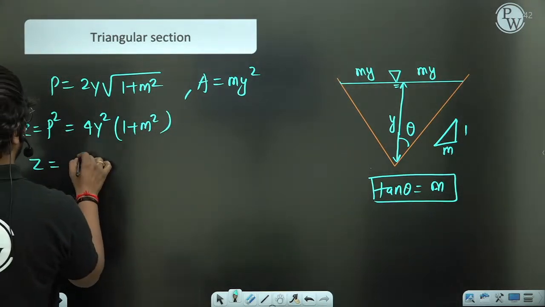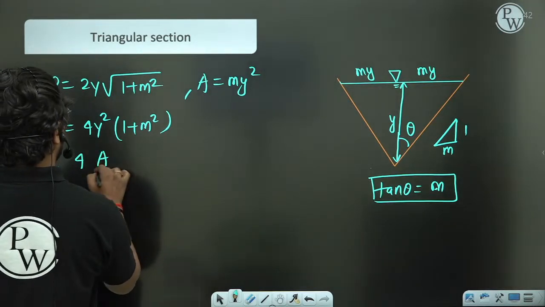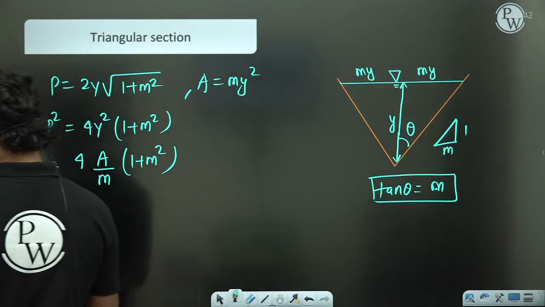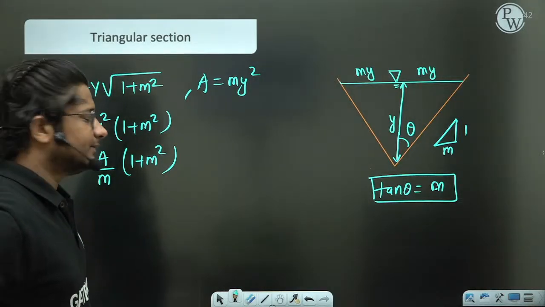In place of y square I can write A by m. So z will be 4A by m into 1 plus m square. Like this I can write. I don't think anybody will have a problem.